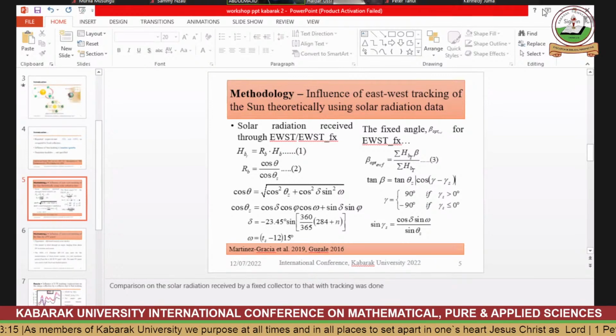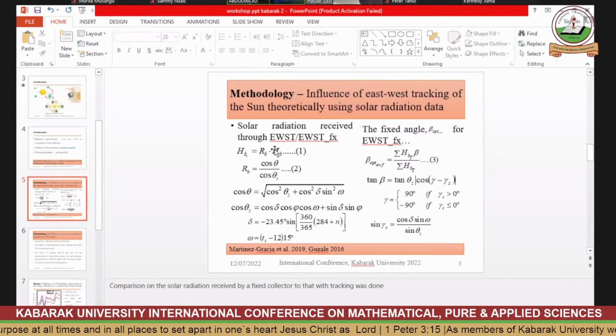From my understanding, maybe I can say the components here were the incident angle of the solar radiation incident on the tilted panel, which is theta, and also the other component is the zenith angle, theta Z. These are the important components so that we have this radiation beam tilt factor. As I said in question one, this relates the radiation received by a tilted panel or collector to the radiation received by a horizontal panel.